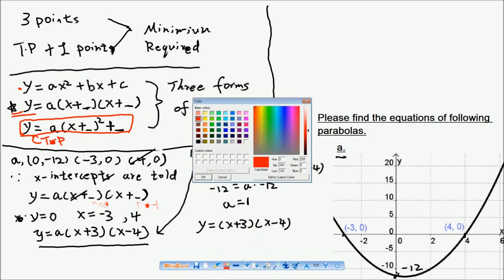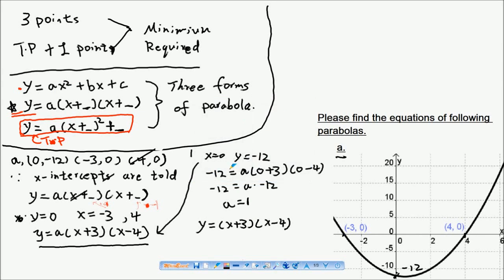Now let's do the same question A using this formula. Assume we have y equals ax squared plus bx plus c, and we have our 3 points. Let's substitute all the points into the equation.